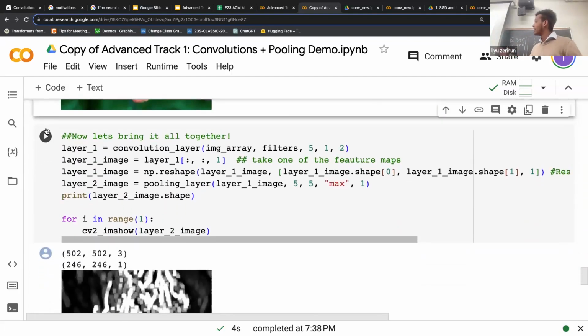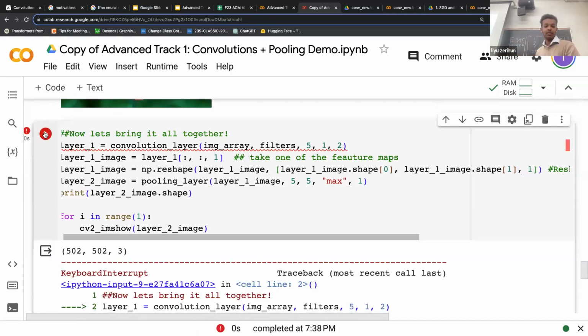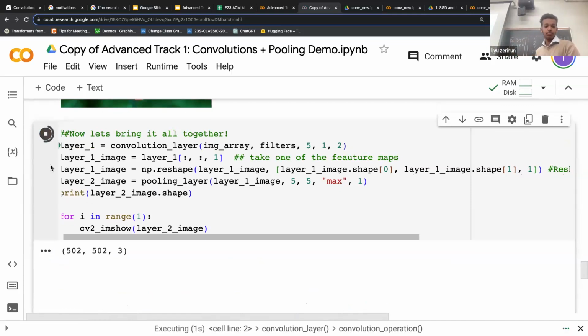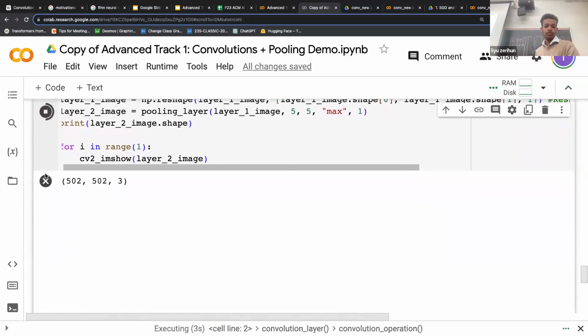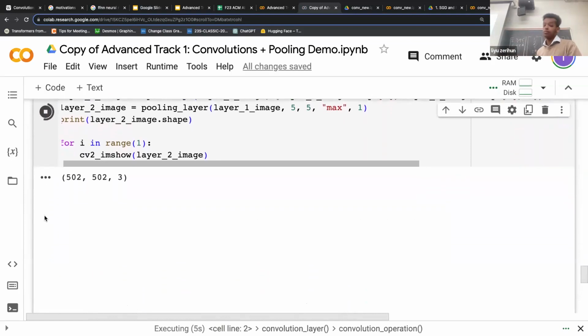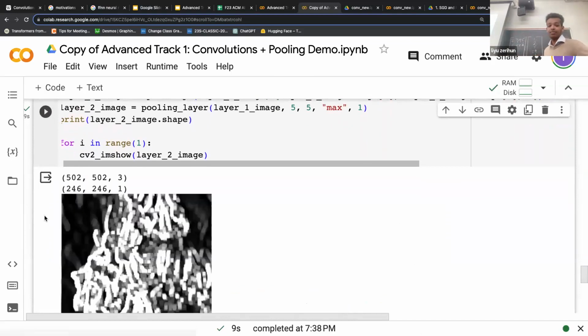And now let's give you a brief overview of how an actual convolutional layer works. This is essentially what a convolutional layer is without the gradient part. So we're going to put it through a convolution, and then we're going to put it through a pooling, right? And this is going to be the last. Yep.